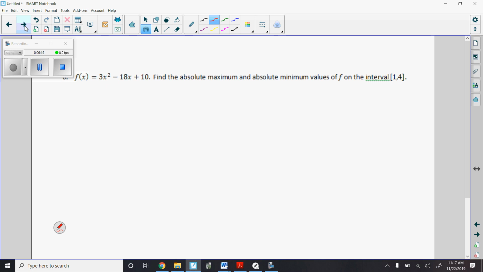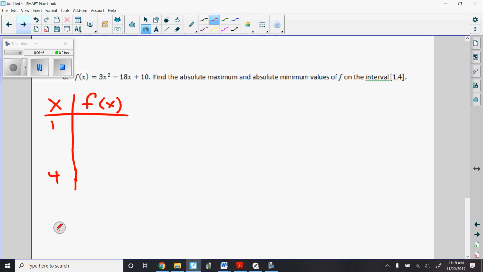Again, to organize here, I like to make a t-chart of x comma f of x. And again, I know I'm going to have to test my endpoints. I already know what those are. The left endpoint is 1, and the right endpoint is 4.